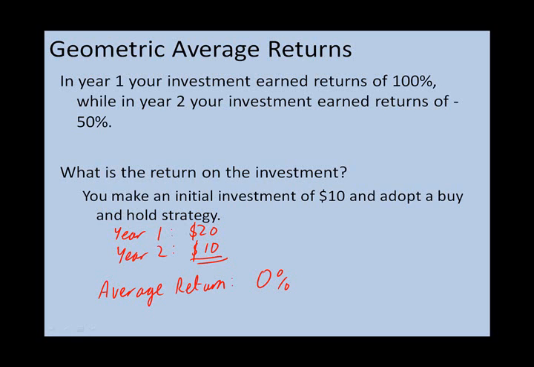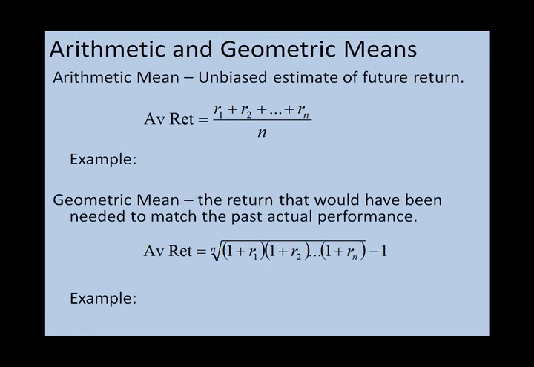So we have now calculated arithmetic average returns and geometric average returns, and look at the differences. Using the arithmetic average, we get returns of 25% a year. Using the geometric average, we get returns of 0% per year. What's going on? Well, the arithmetic mean is typically an unbiased estimate of what you expect to happen in the future. You take the return from each period and divide by the number of periods.